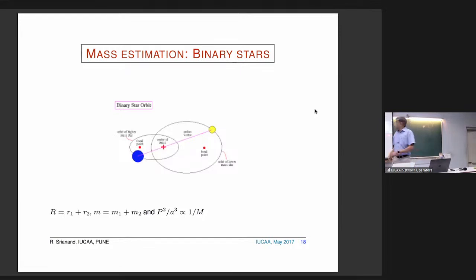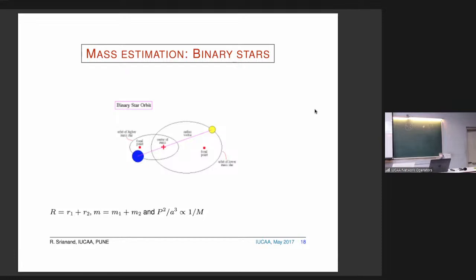You understood? If you have two stars of similar masses going around the center of mass, then you will not be able to measure individual masses, unless you have a lot of information. So you can use reduced coordinates: R1 plus R2, where R1 is the distance of one of the stars and R2 is the distance of the other.